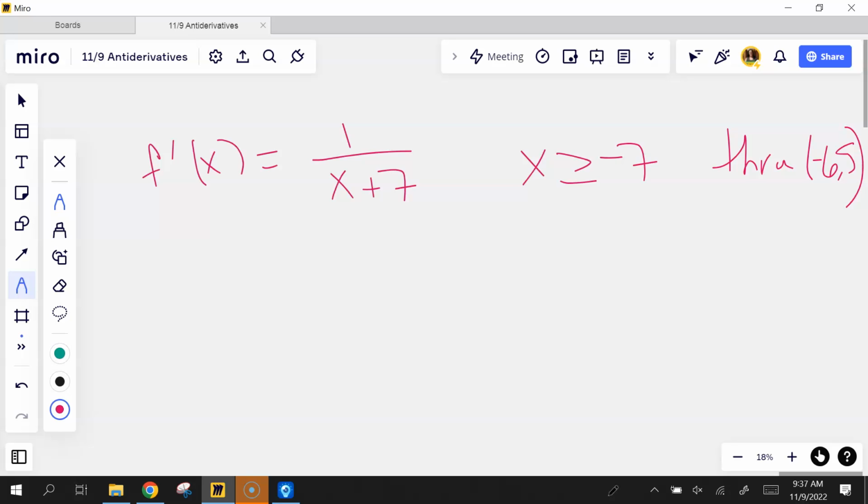Find f of x. So this is f prime of x, right? So I want you to find f of x that goes through negative 6, 5. I'll give you a hint too. Don't use the power rule. I hope somebody sees this.